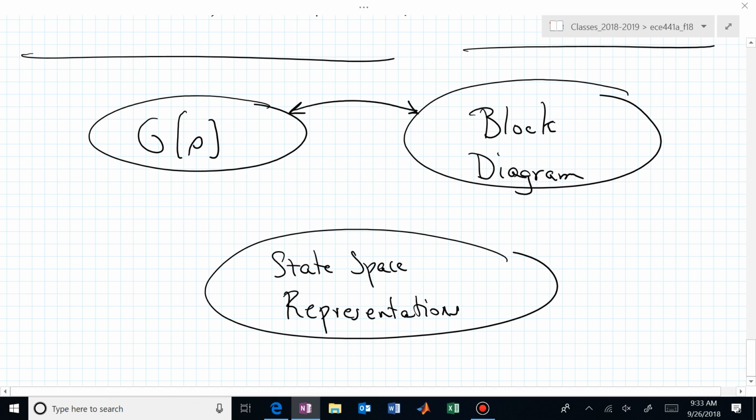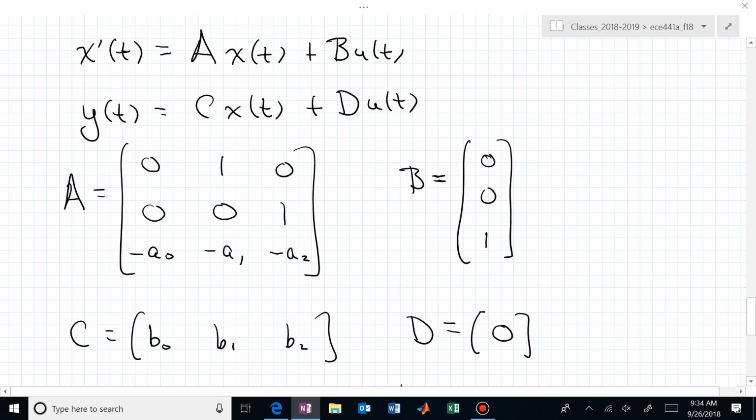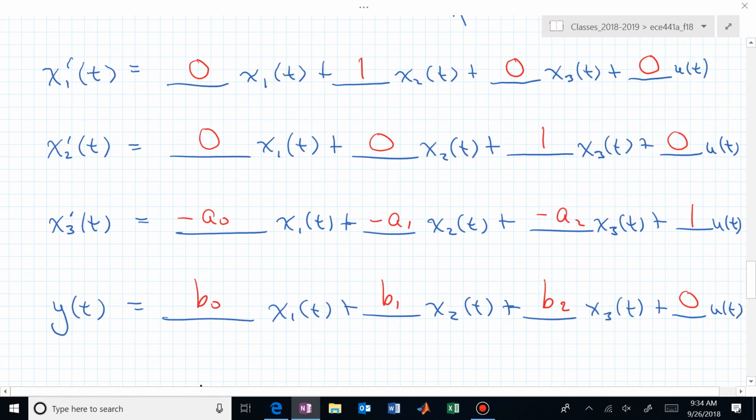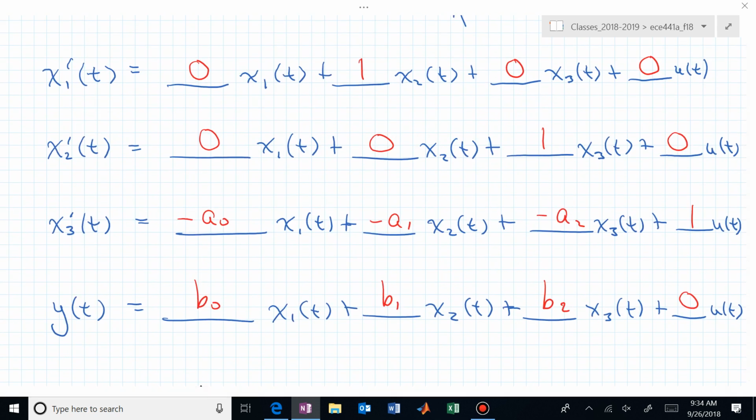You can, using block diagram algebra or Mason's gain, go the other way from a block diagram to a G of S. You can label the outputs of your integrators in a block diagram to produce a state space representation. From a state space, do you see how if I gave you this and said create an all integrator block diagram, I hope you're okay doing that.